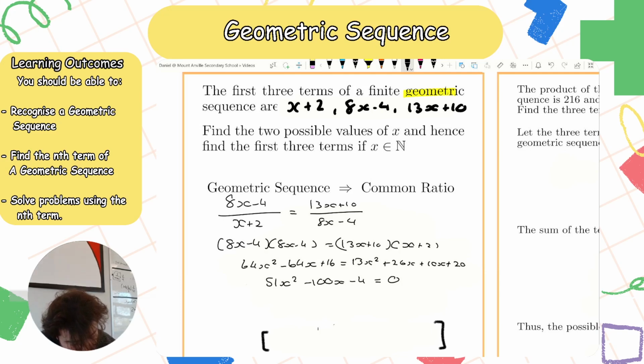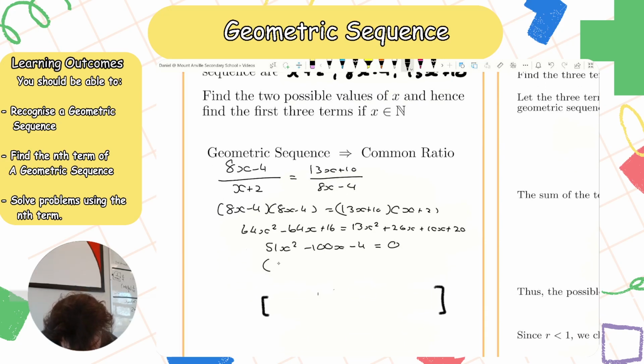And this will factorize to, I believe, 51x plus 2 and then x minus 2.